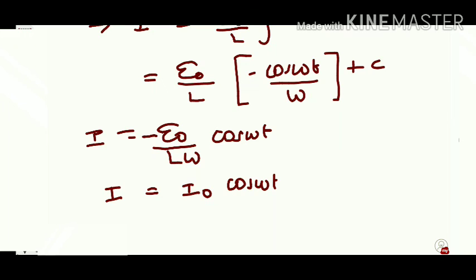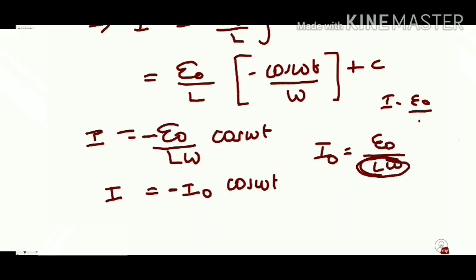This is sinusoidal, right? It can be either sin or cos. The waveform you have learned, right? So I can write this one in this form. That means I naught is equal to epsilon naught by L omega, or there is a minus here, right? Clear? This much is clear, right? Usually, what is current? Current is equal to voltage by resistance. So this L omega is in the place of resistance, right?